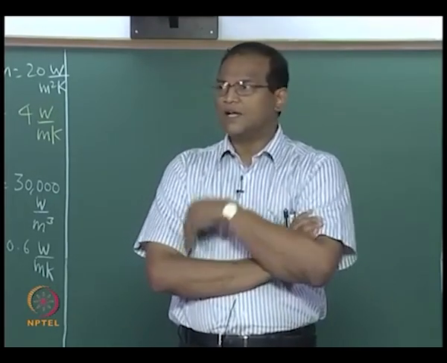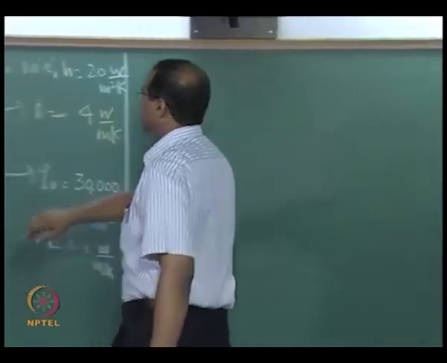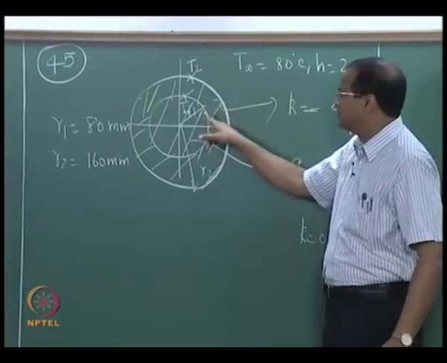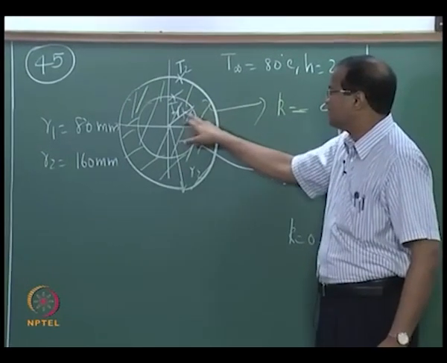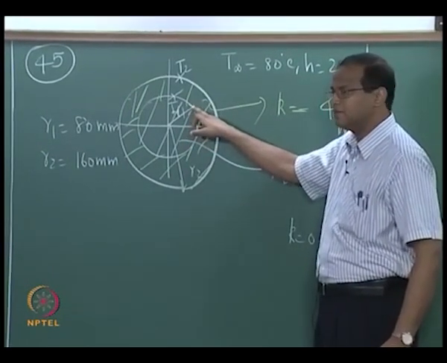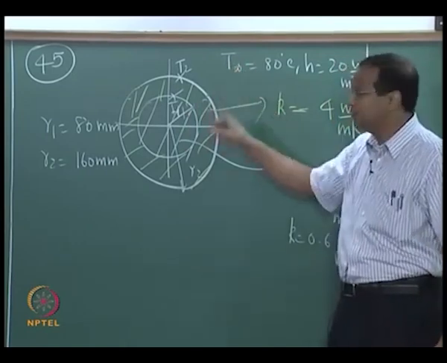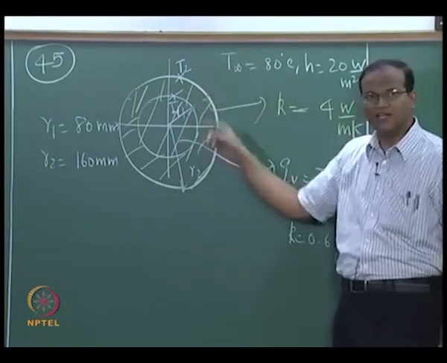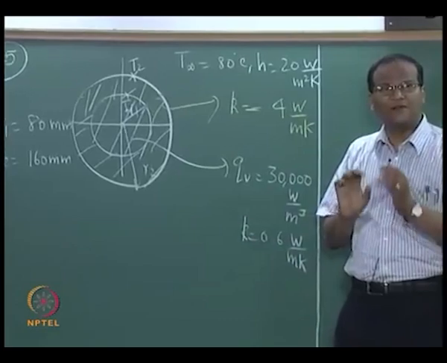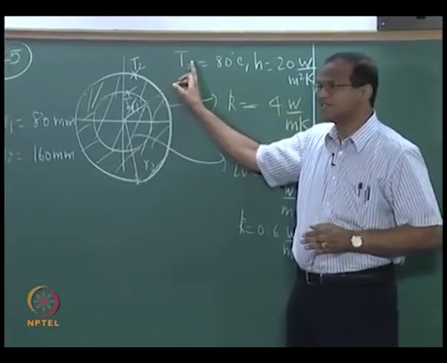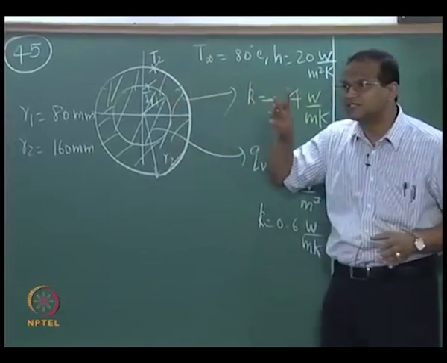There are two resistances here. Here the temperature is T1, here the temperature is T2, here the temperature is T infinity. Please look at the board, it is T1, T2 and T infinity. We can write the relationship for Q equal to T1 minus T infinity divided by the sum of two resistances.